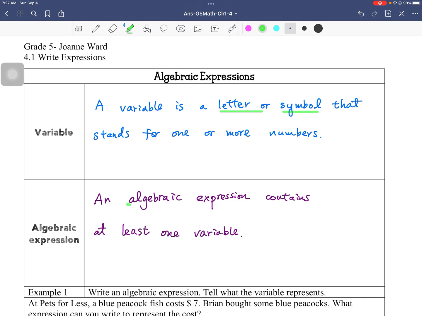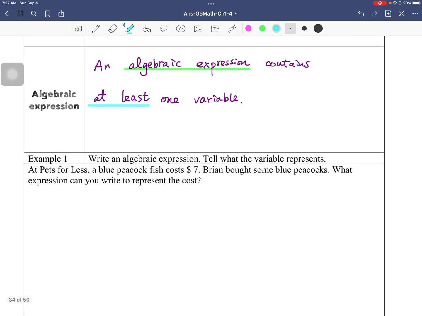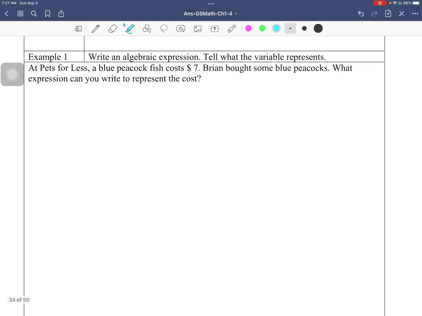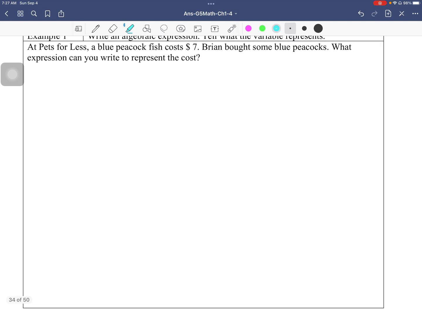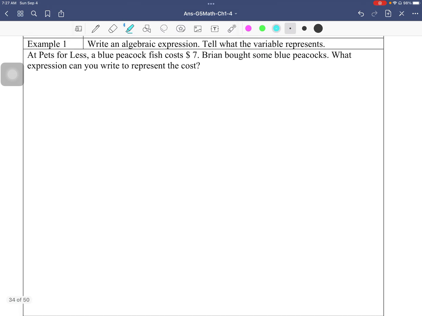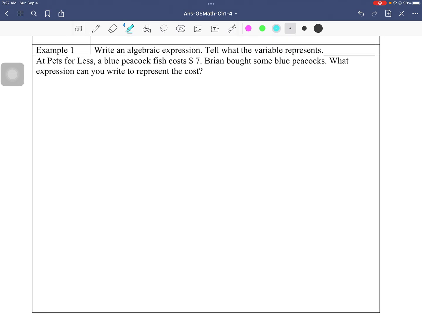So an algebraic expression contains at least one variable. So now in this case, at the pet store, a blue peacock fish costs $7, and then Brian buys some blue peacocks. So what expression can we write to represent the cost?